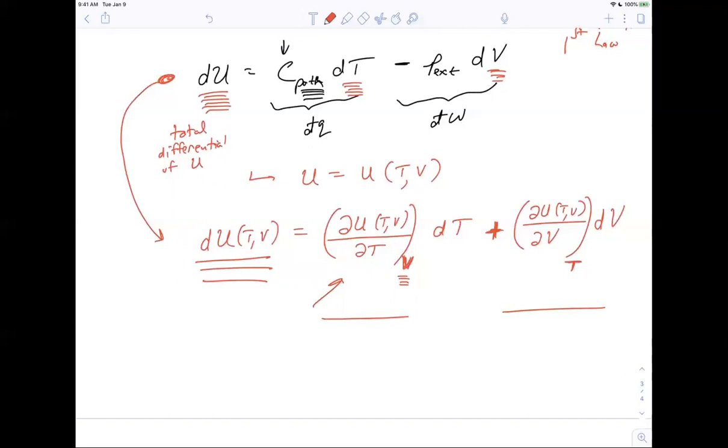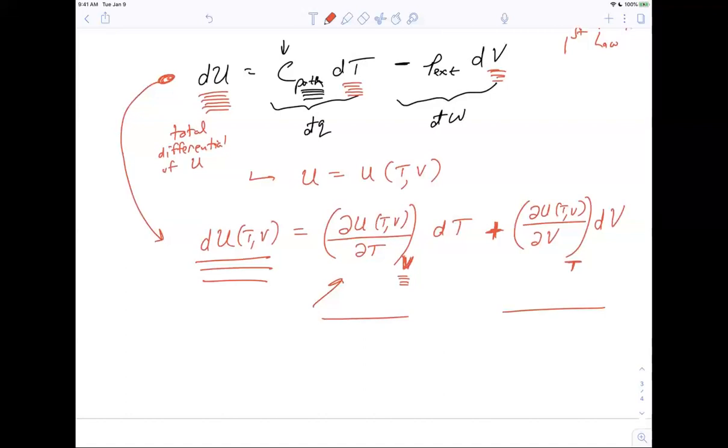And we only consider temperature and volume changes because U, we have selected, or we have chosen to be dependent on temperature and volume, as signified by U parentheses TV. Okay? Now, is that clear? Does everyone see how we get a differential change in U on the left arising from a rate times this dt plus a rate times dv? Is that clear?